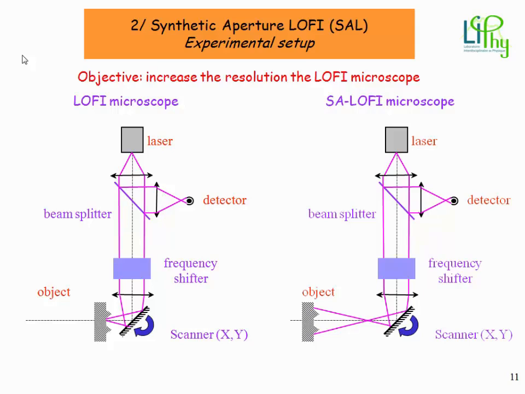So, by using the scanning of the laser beam on the object and by using the synthetic aperture process, we hope to be able to recover the initial optical resolution of our microscope, even if the object is not in the focal plane of the objective, and whatever the distance between the object and the focal spot of the laser beam.